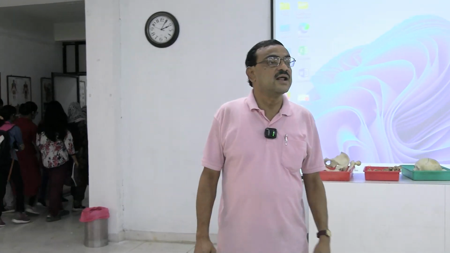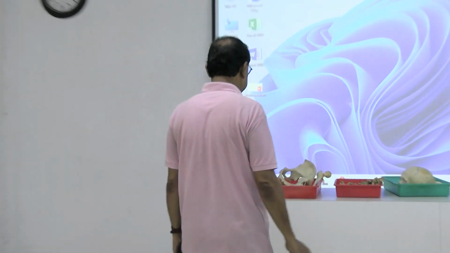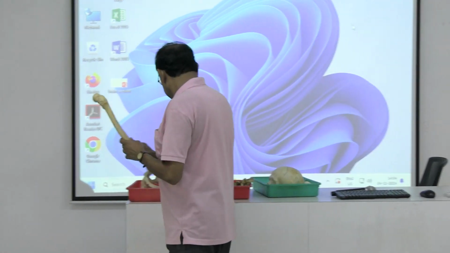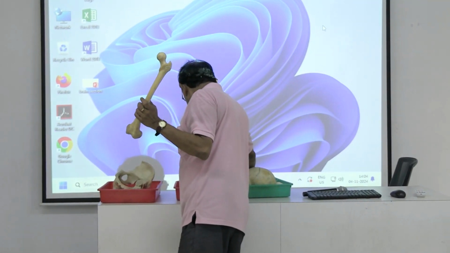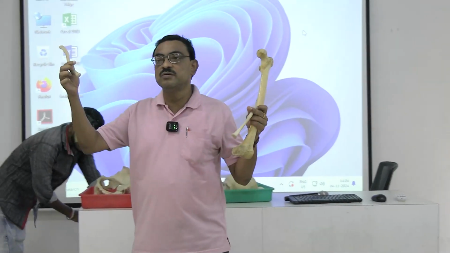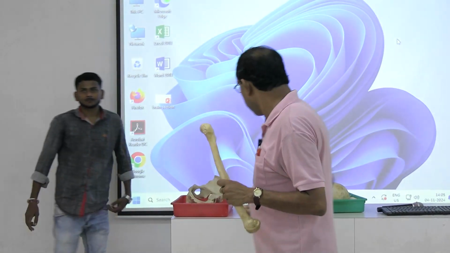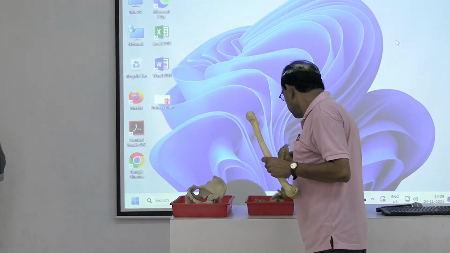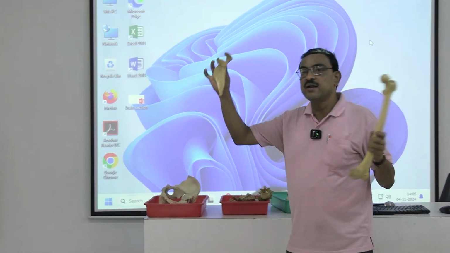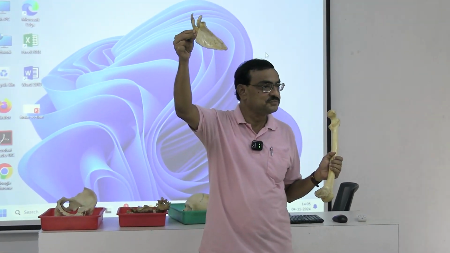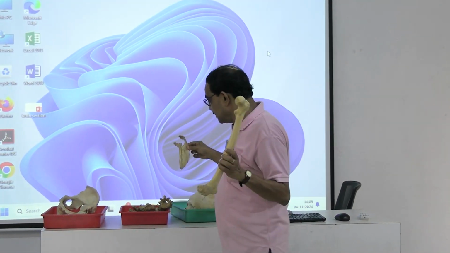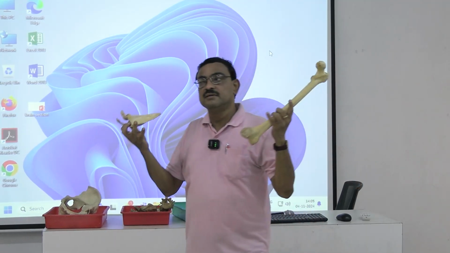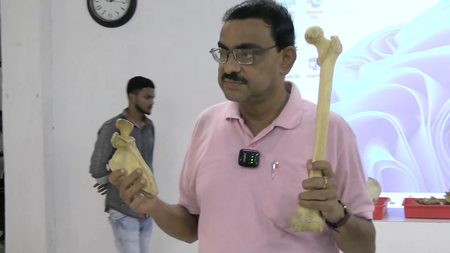In the bones, there are several varieties of bones. This is a bone. This is a bone. We can also find this is a bone. But definitely there is some difference.